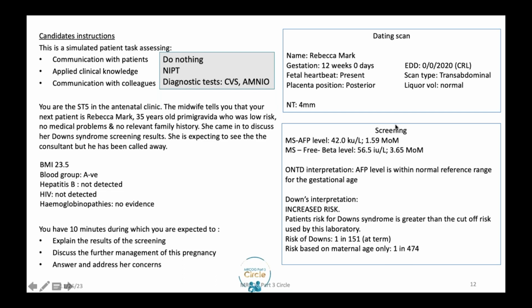He drew for me as well. Then he took me through what other tests we would like to do and what those tests will pick up. So as a patient, I felt comfortable and understood everything. You do the same in the exam. That's all that is required from you.